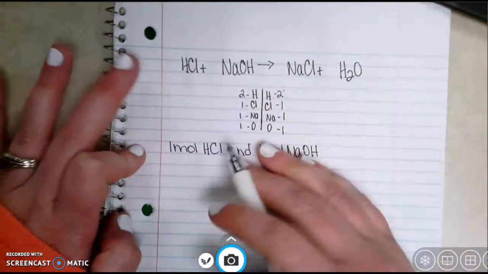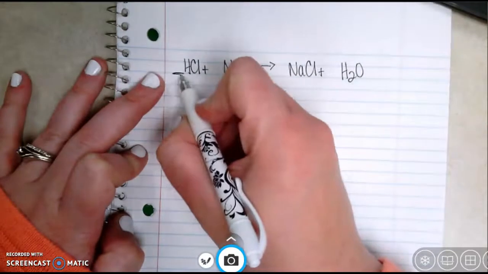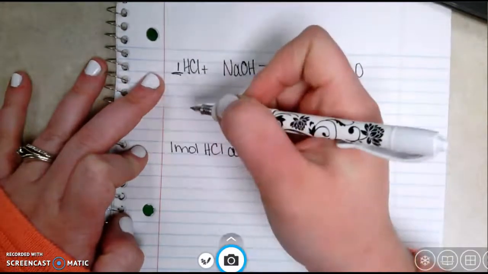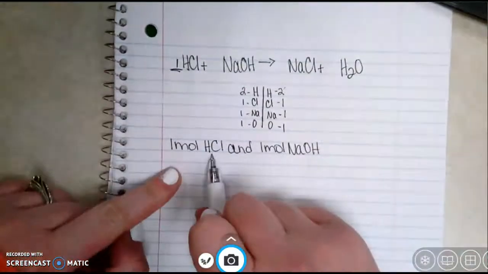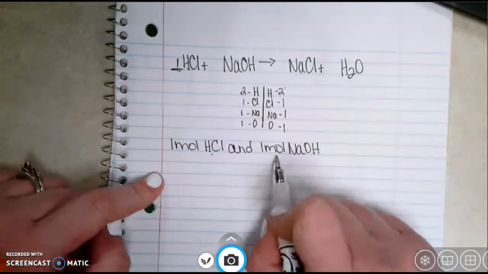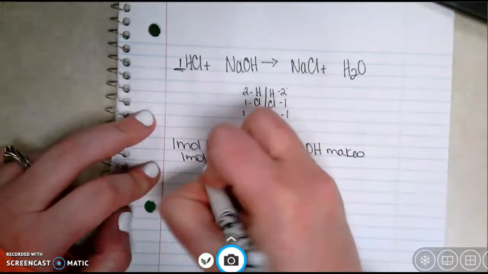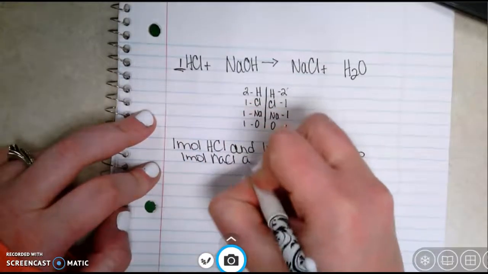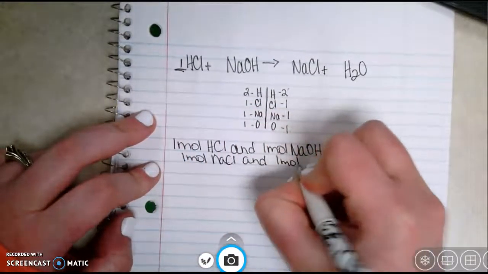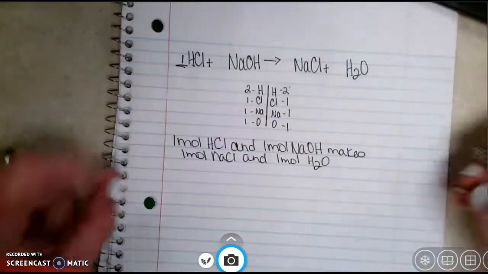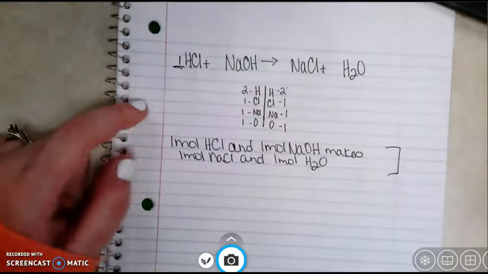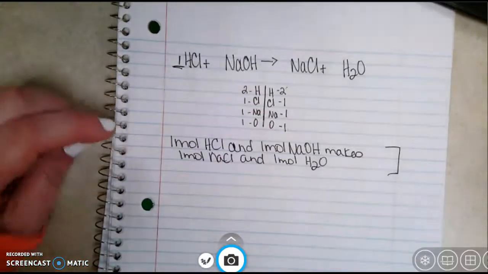And again, if there's no number in front, we just assume that it's automatically a 1. So 1 mole HCl and 1 mole NaOH makes 1 mole of NaCl and 1 mole of H2O. So this is our conversion factor for doing any problems here.